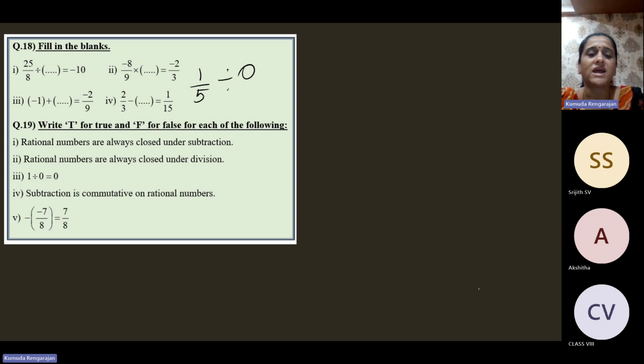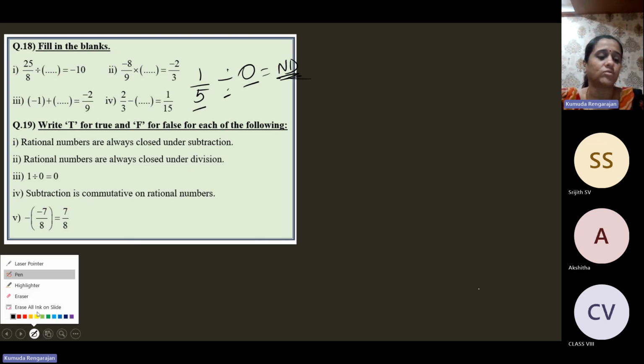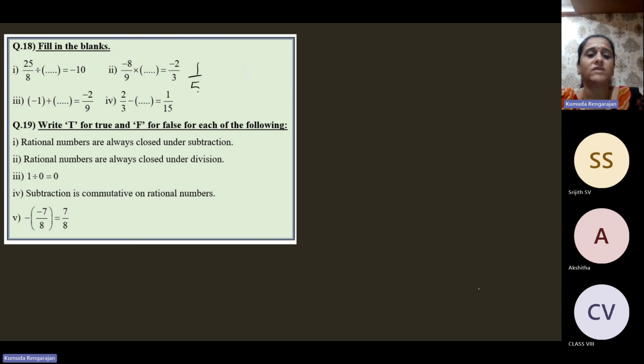Any rational number divided by 0 is not defined. So in this case, rational number divided by rational number is not a rational number. Other than this, rational numbers are closed under division also.